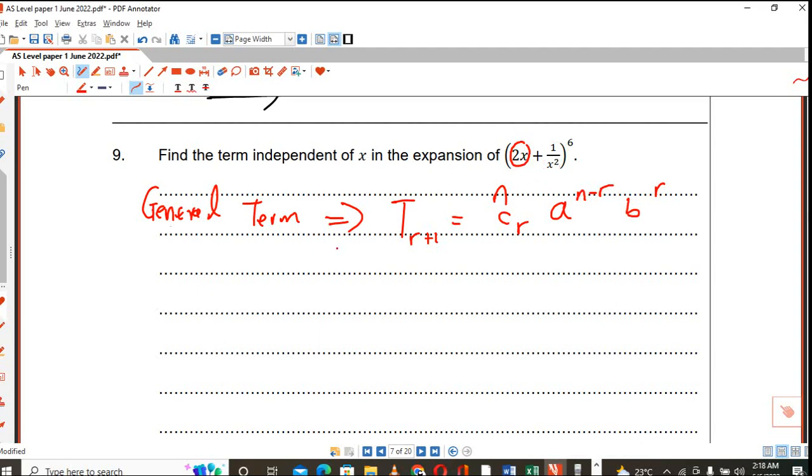And we know what n is, right? n is that power of 6 there.